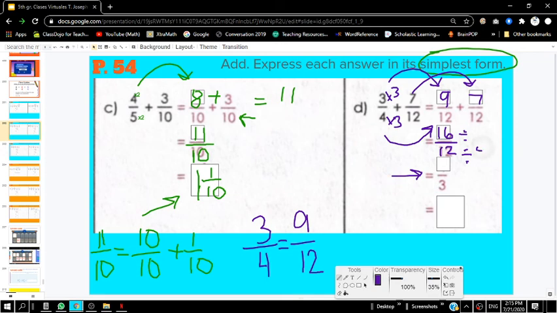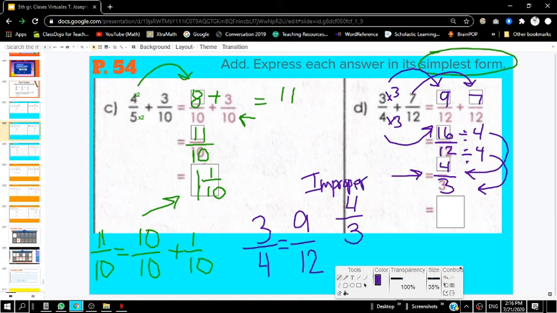You're right, 4. If I divide 16 by 4, I get 4. And if I divide 12 by 4, I get 3. In other words, we have 4/3 as our answer. However, 4/3 is considered an improper fraction. And since it's improper, it's not considered simple.